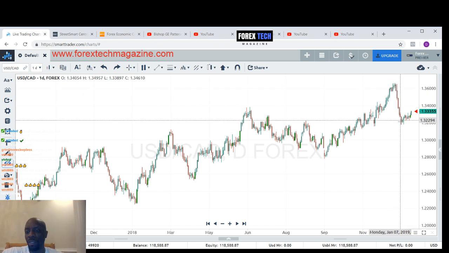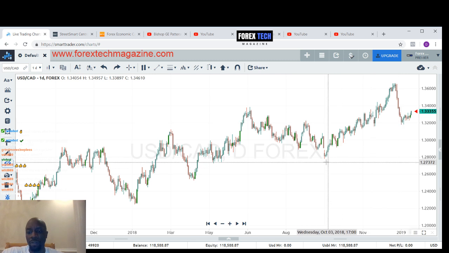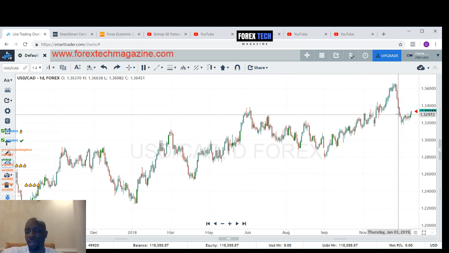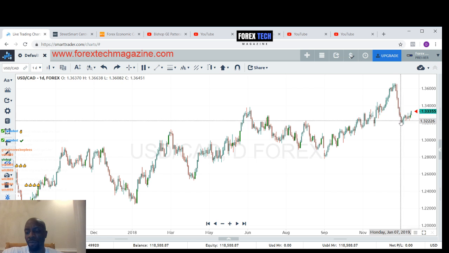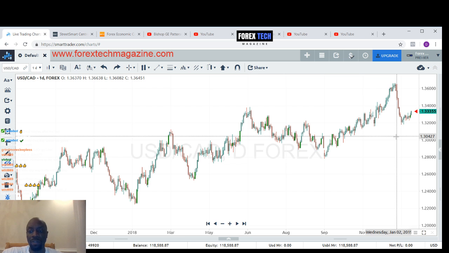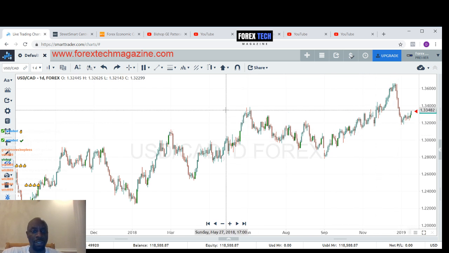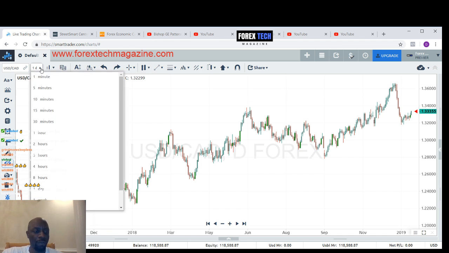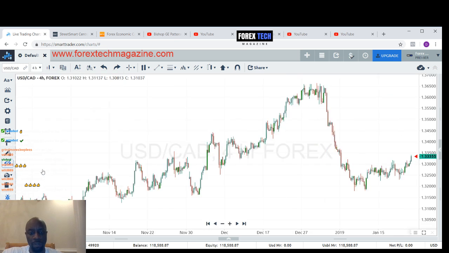Price is now pulling back off of this lengthy move up that started back in September, ended in January. Had to take a little bit of a breather for half of the month of January, and now price has begun to move back up. Could very well be the case for this particular pair. That's on a daily. I don't trade off a daily. Let's look at what it looks like on a 4-hour time frame.